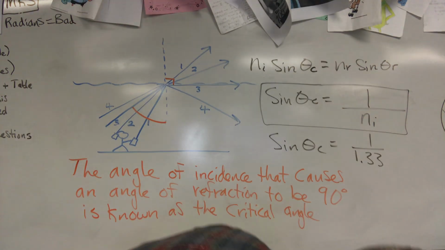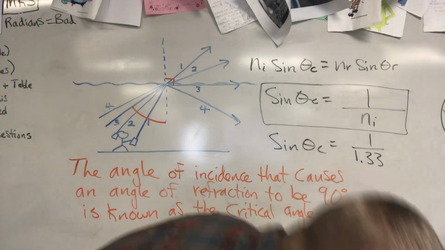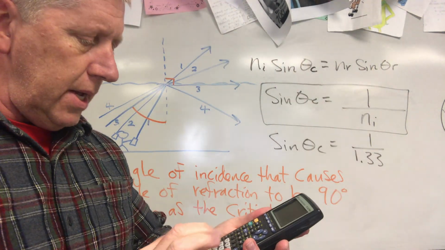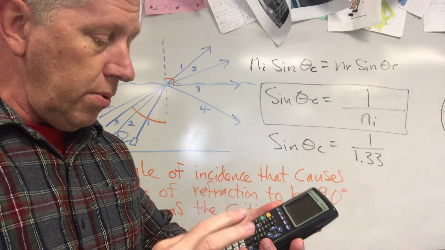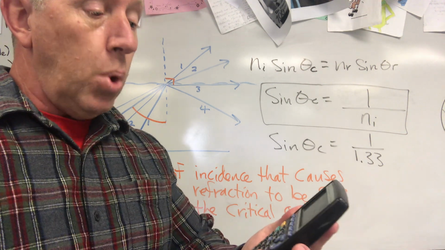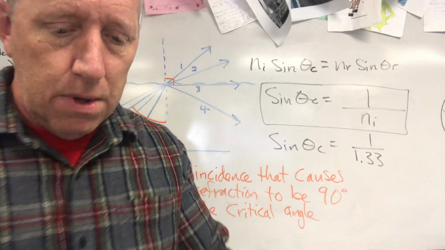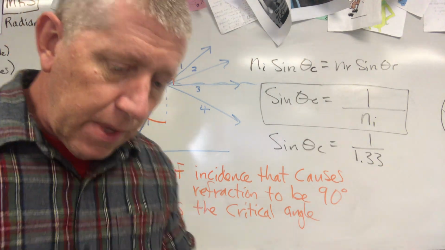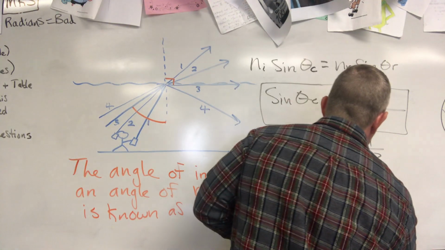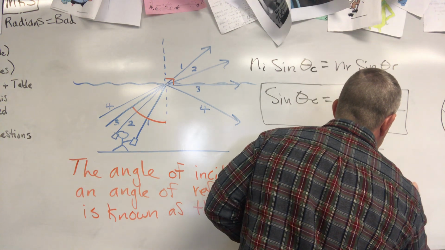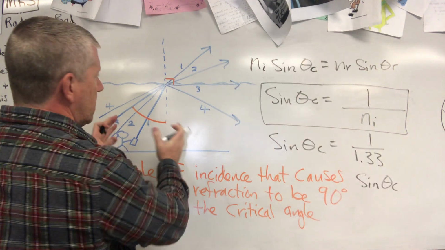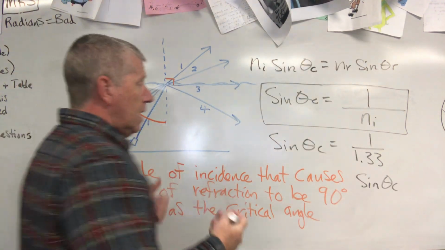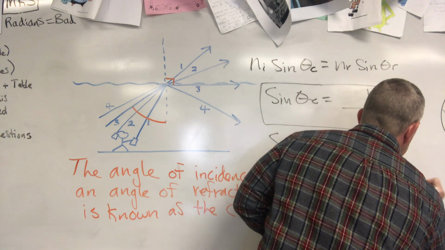You kids are relatively intelligent people. You can do this. Take 1 and divide it by 1.33, and you get about 0.75. So the sine of the critical angle for water to air is going to be 0.75.